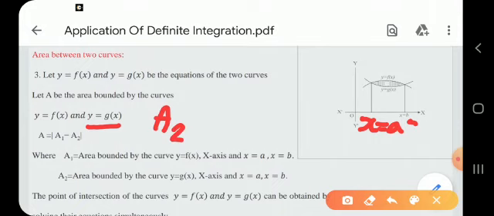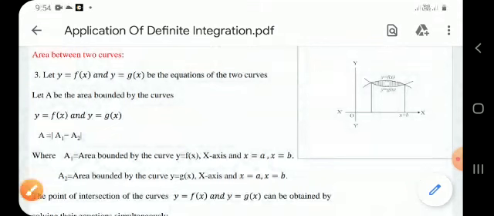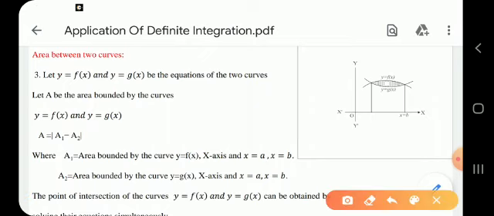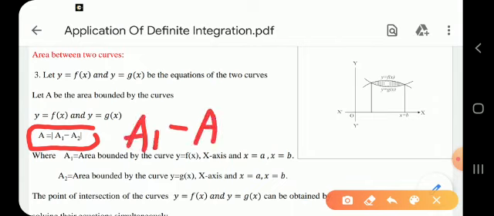This area is A2. And to find the complete area, we have to consider the portion between these two curves. To find this area we consider A is equal to the mod of A1 minus A2.